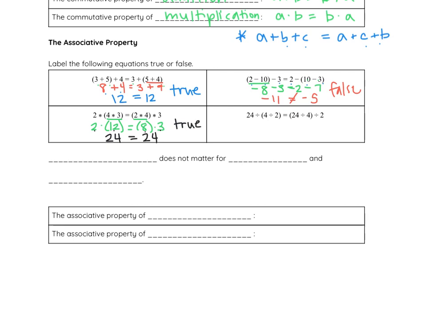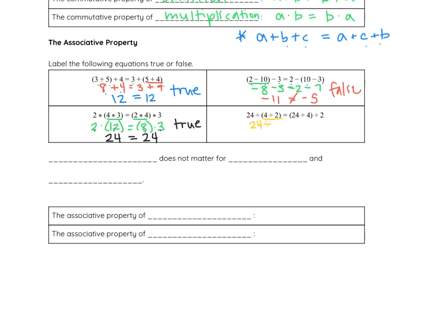So a true statement. And the last one is division. Again, the order is the same, but the groupings have changed, which means I have to do the order a little differently. For this one, I'm going to do this grouping first. It's going to be 24 divided by 4 divided by 2, which is 2.